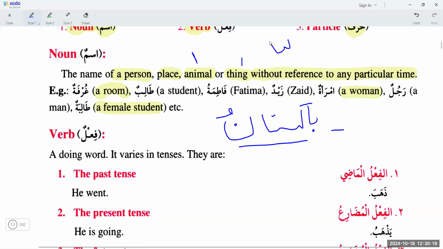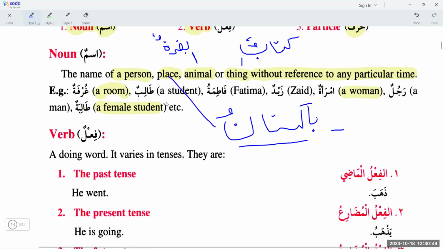Kitabun is a thing, so kitab also falls in the category of ism. Bakaratun is an animal, so it is also ism.